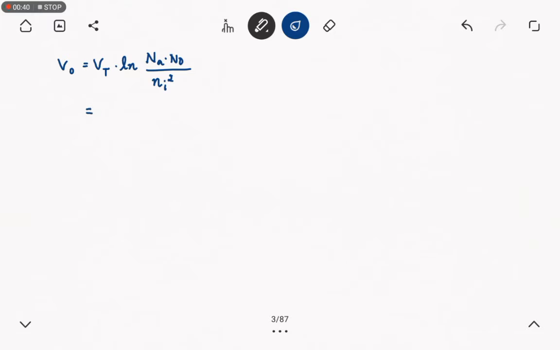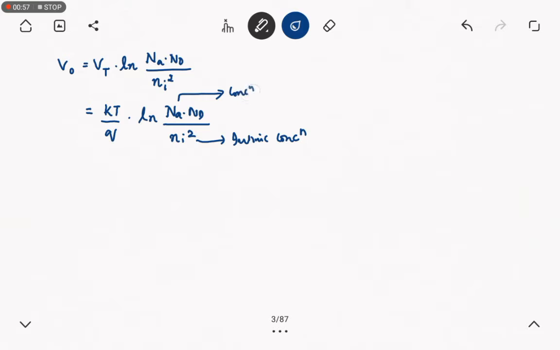This can be written as KT by Q into ln of Na into Nd divided by Ni square, where Ni represents intrinsic concentration, Na concentration of acceptor ions, Nd represents concentration of donor ions. This is a simple equation for potential barrier.